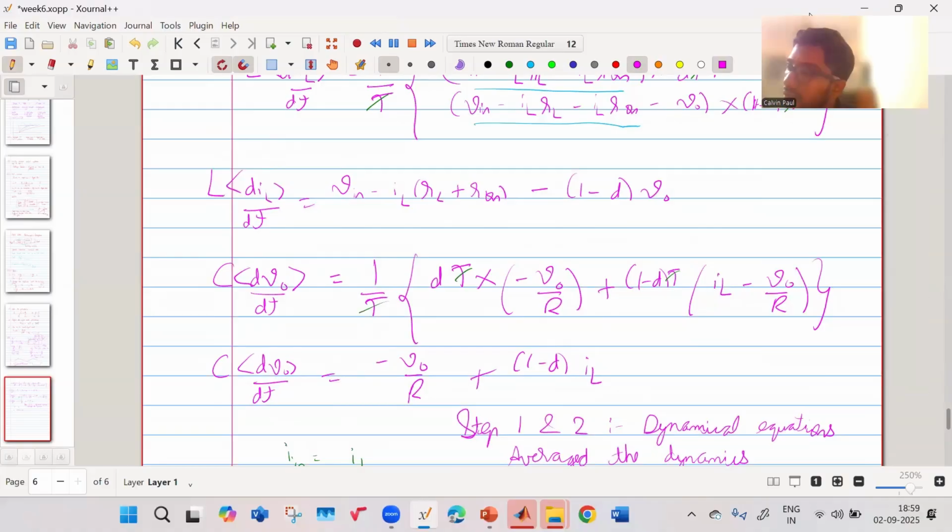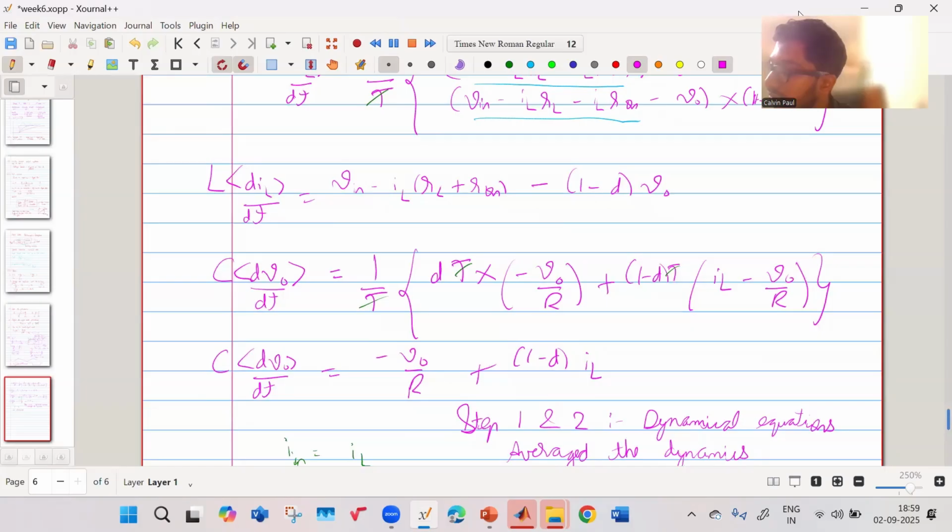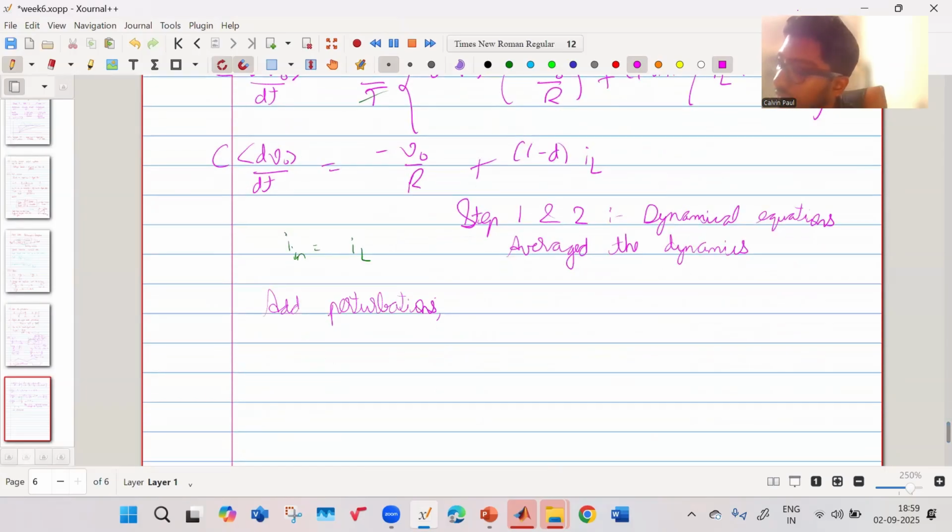Output voltage. Okay, output voltage. Then load current. Yeah, inductor current. Yes. Duty cycle. Yeah.